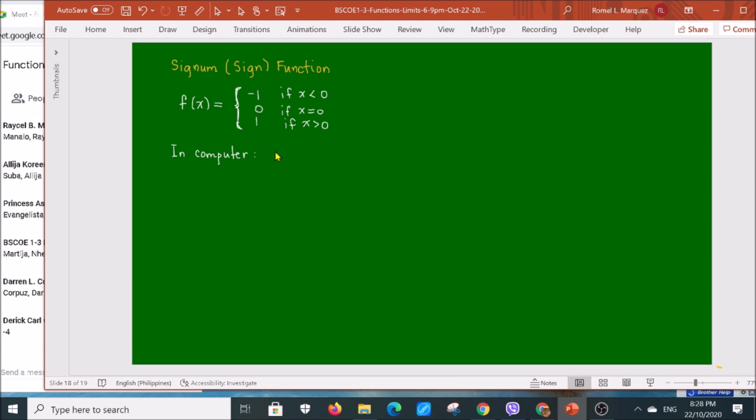The sign function is SGN. Okay, signum function. So again, this is SGN of x. You type in the computer SGN of -3. What comes out, children? -1.